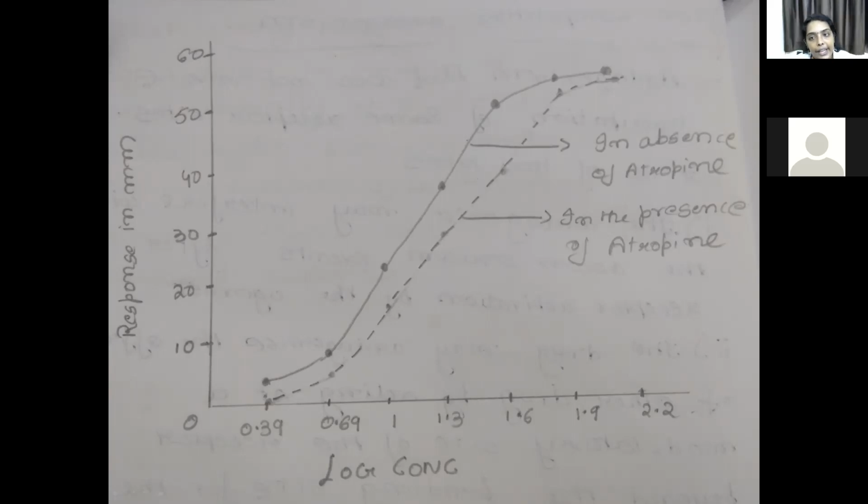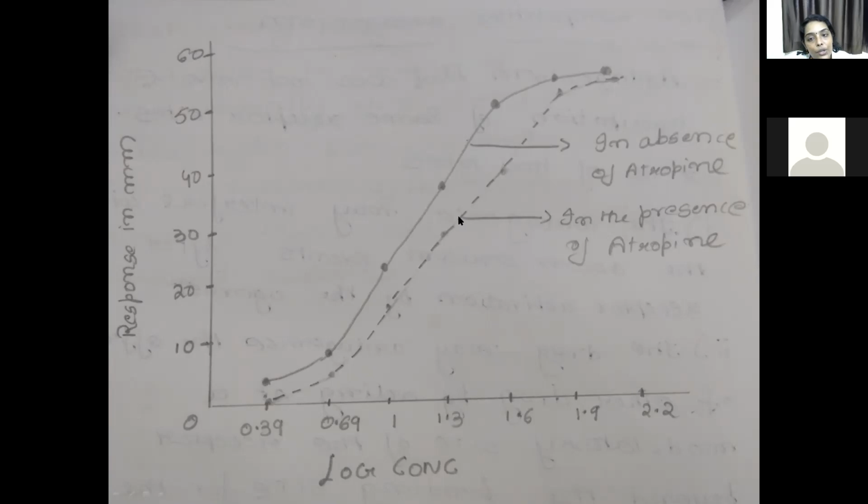So what does this indicate? To attain the same maximal response in the presence of an antagonist, you need to increase the concentration of ACH. See, the response has started from here. So you need an increase in so much concentration to produce the same maximal response. So there is a parallel rightward shift of the DRC.